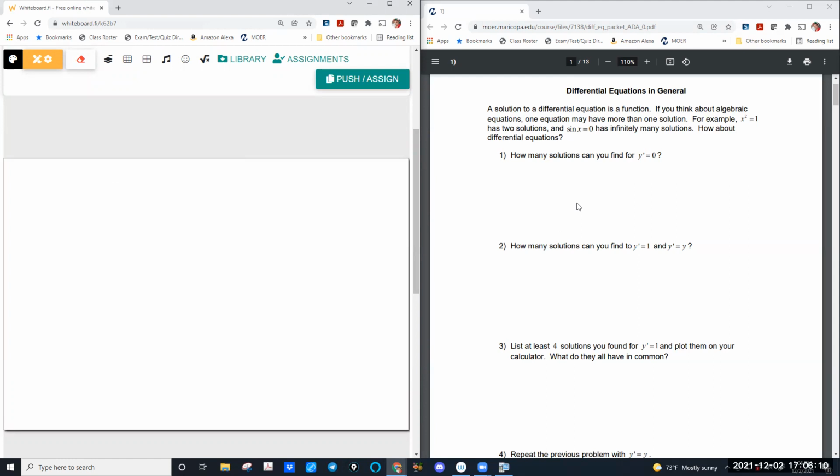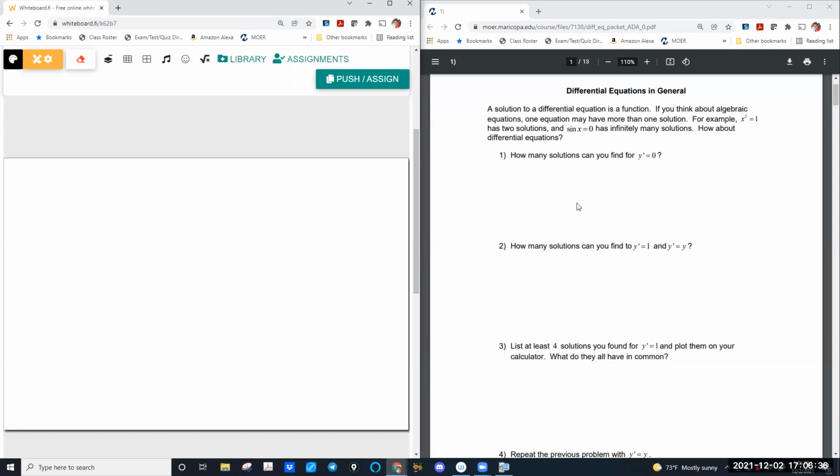So the first thing that we want to understand is, what is a differential equation? A differential equation is any equation that involves the rate of a function. Because you guys have been dealing with derivatives through Calc 1 and 2, you're actually dealing with a lot of differential equations.